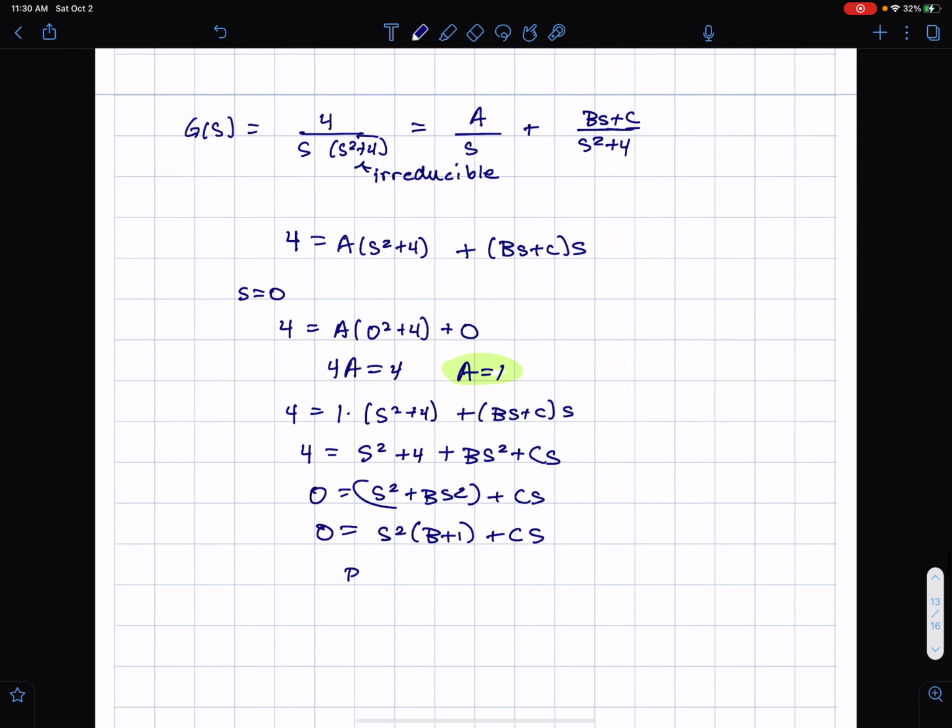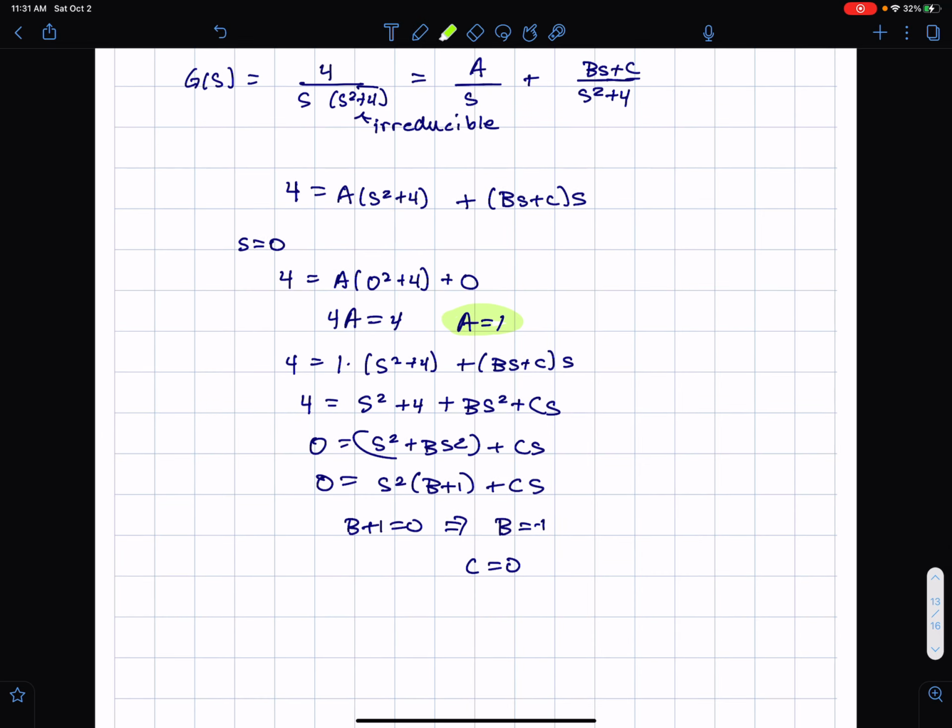So B plus 1 equals 0 because on the left-hand side we have 0 s squared. That means B equals -1. And also Cs equals 0s, so C equals 0.